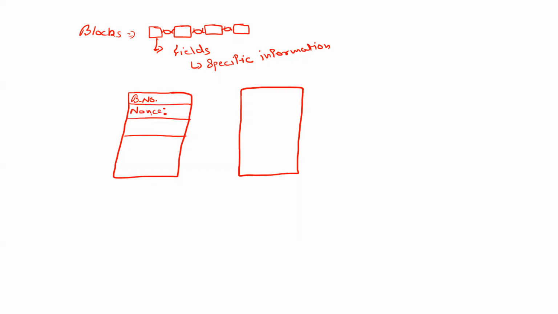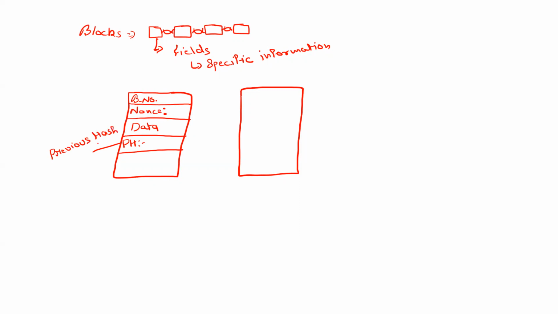Actually, this is dependent on the other field, so we will discuss this later on. This field represents the actual data. Next, this field is the PH field. What is the meaning of PH? That is previous hash.